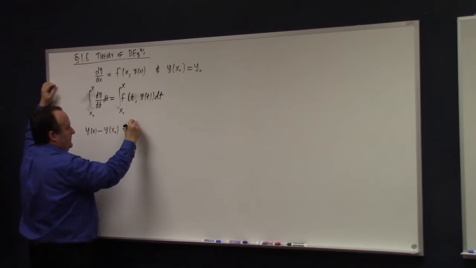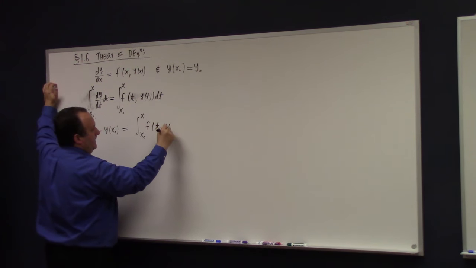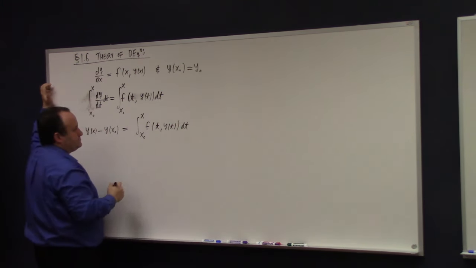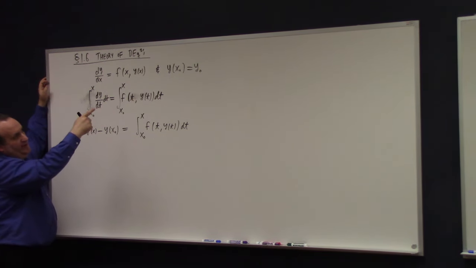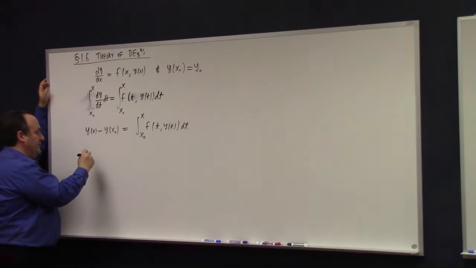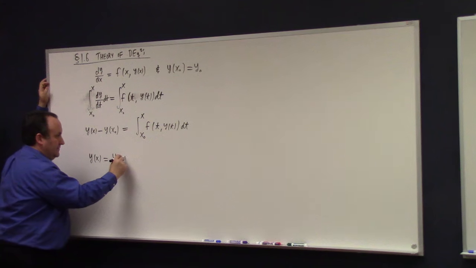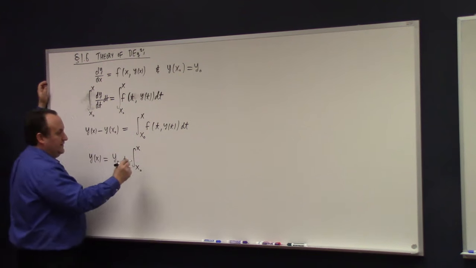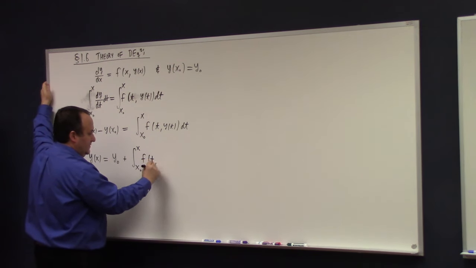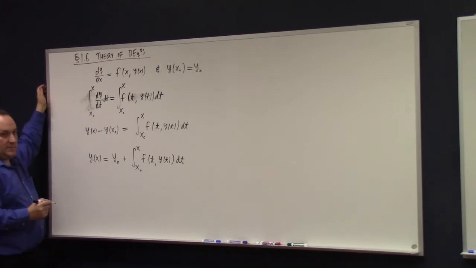On the other side, I have this integral. Then I want y of x naught equal to y naught, that specific value when we plug in x naught. So I can rewrite this as y of x is equal to y sub naught plus the integral from x naught to x of f of t, y of t dt.